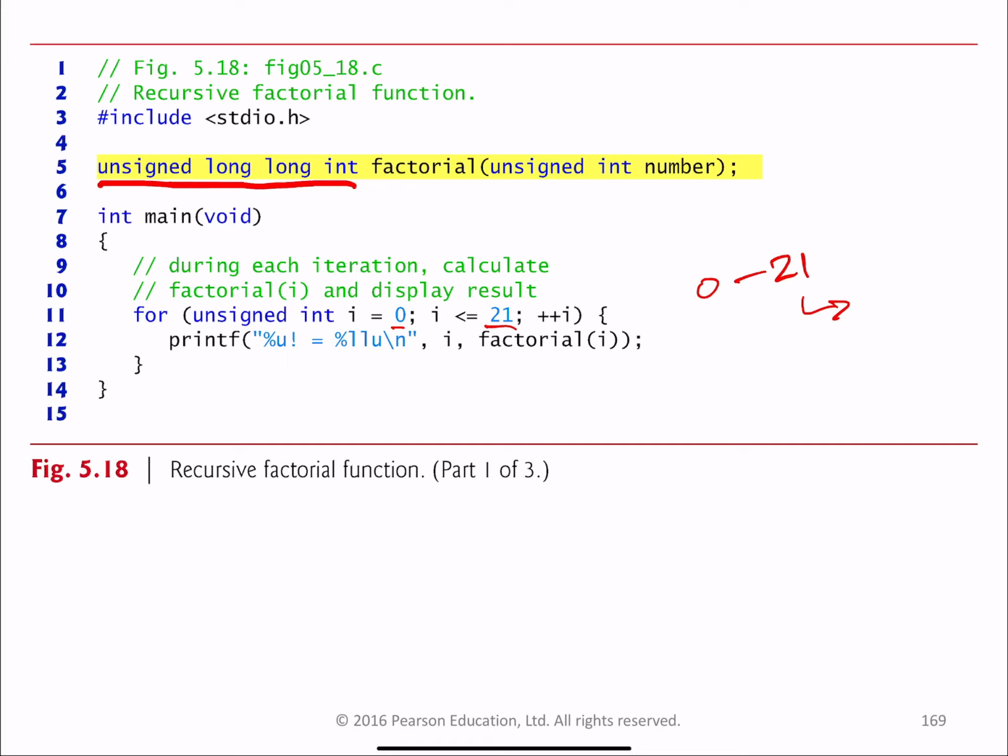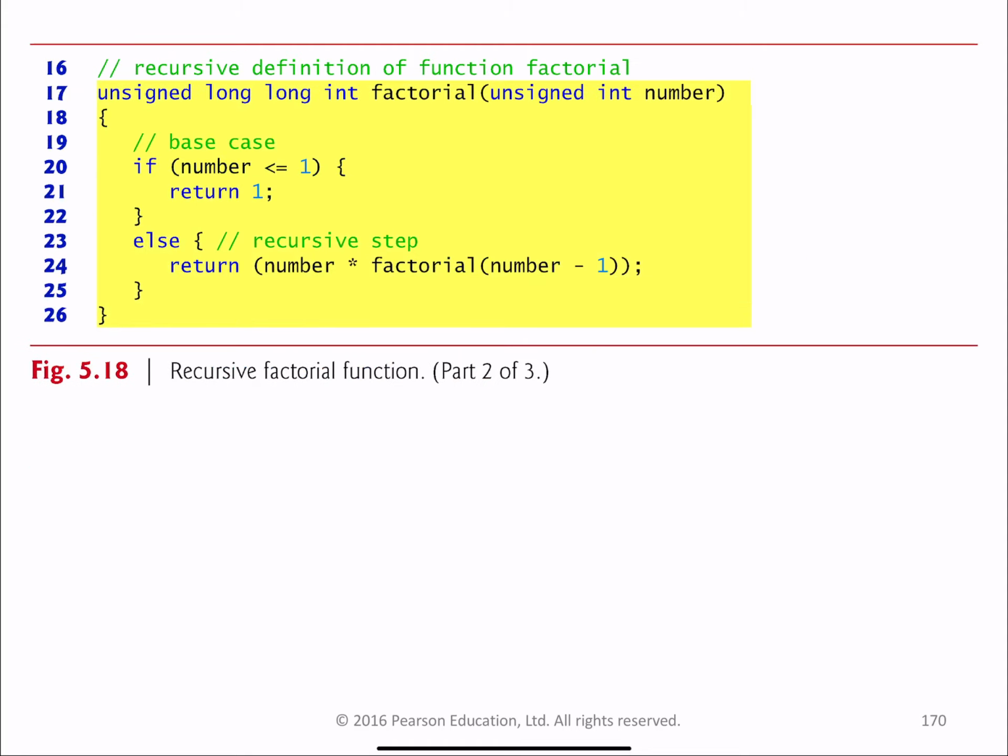So all we have in the main function over here is a for loop that goes 22 times from 0 to 21, and it prints out the factorial of the counter variable i, and prints it out over here, and then goes to the new line. So we have a \n character over here, and this is the recursive factorial function. And as you can see, it checks if the argument received is less than or equal to 1, and if it is, it returns a 1.